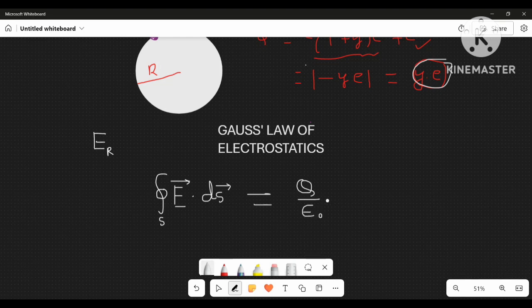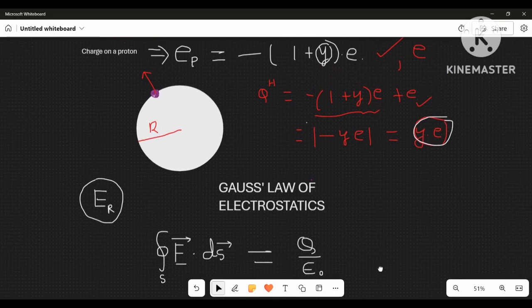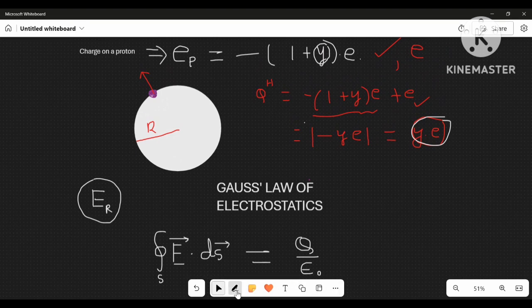Now here in this expression, I mentioned the term Gaussian surface, so that means I need to assume a Gaussian surface for finding out this electric field at a radial distance r for the universe, which is assumed to be a sphere, right? So let me draw the Gaussian surface.